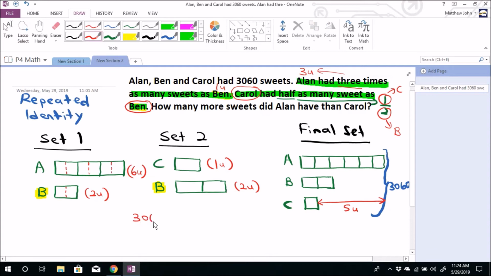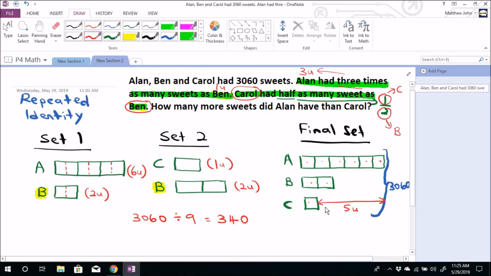So what I'm going to do is take 3060 divided by, what's the total number of units? I have 1, 2, 3, 4, 5, 6, 7, 8, 9. So divide by 9. What do you get when we divide by 9? That is 340. 340 represents 1 unit, right?